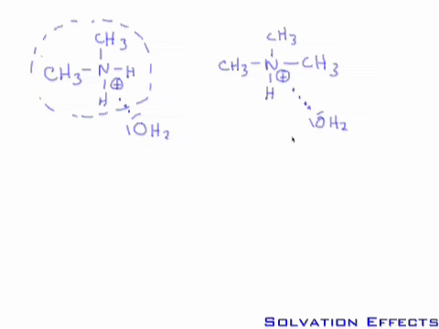The problem is some molecules are so sterically hindered that water molecules can't approach as closely. And so the sphere is larger. The interaction's weaker. The plus is less stabilized. And this is the case for trimethylamine.